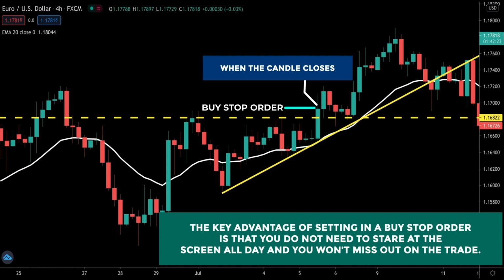Sometimes, if you wait for the candle to close, then the price has already moved quite some distance and it's already too late. Now, your stop loss goes below the recent swing low. You do not need to set your stop loss at the extreme point. This is my favorite way to trade a breakout because your stop loss will be very tight, and that would mean a great risk to reward ratio.